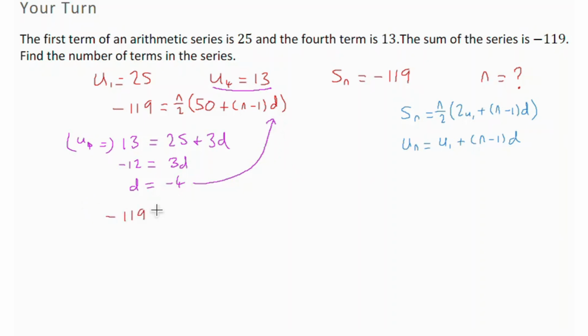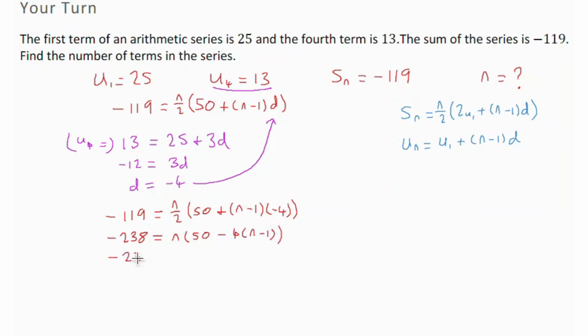So minus 119 is equal to n over 2 times 50 plus n minus 1 times by negative 4, which is our value of d. Let's multiply through by 2 and tidy this up a little bit. So we get minus 238 is equal to n times 50 minus 4 times n minus 1.